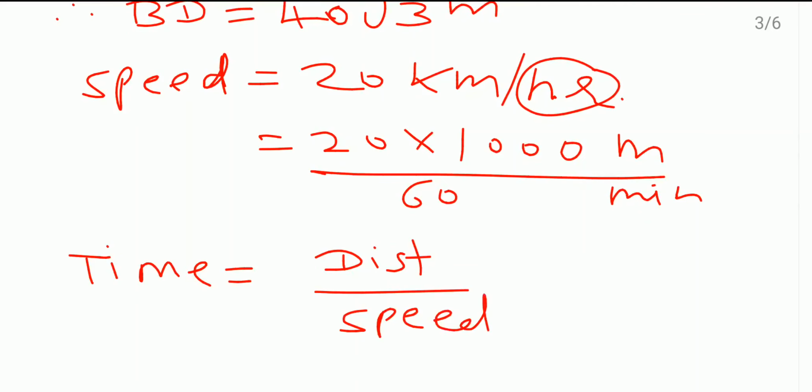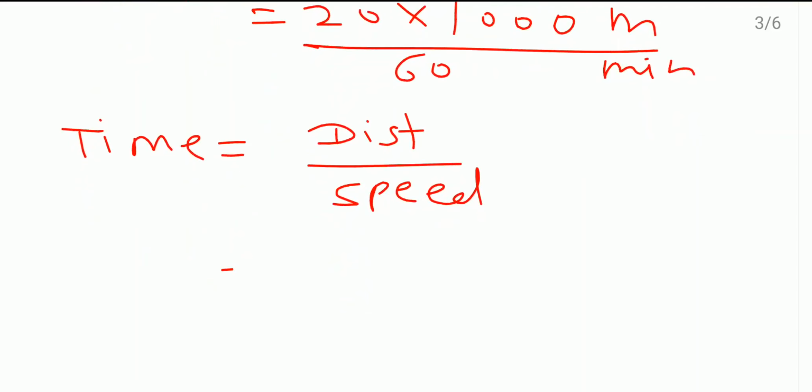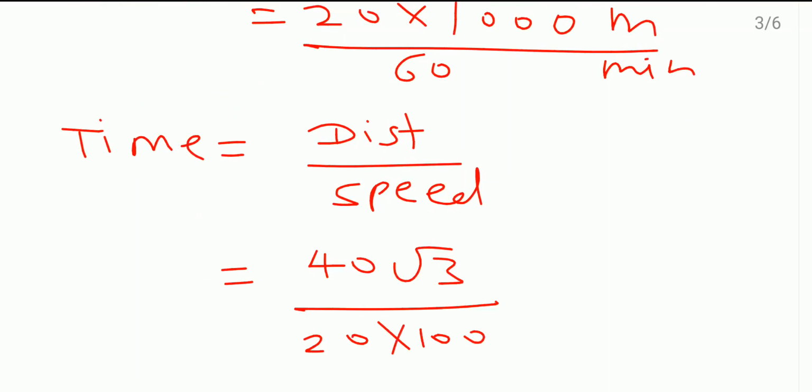So distance is 40 root 3 meter, and speed is 20 into 1000 divided by 60. If I divide by 60 here, this 60 will go to the numerator after taking the reciprocal of it. So directly I will write this one as 60.